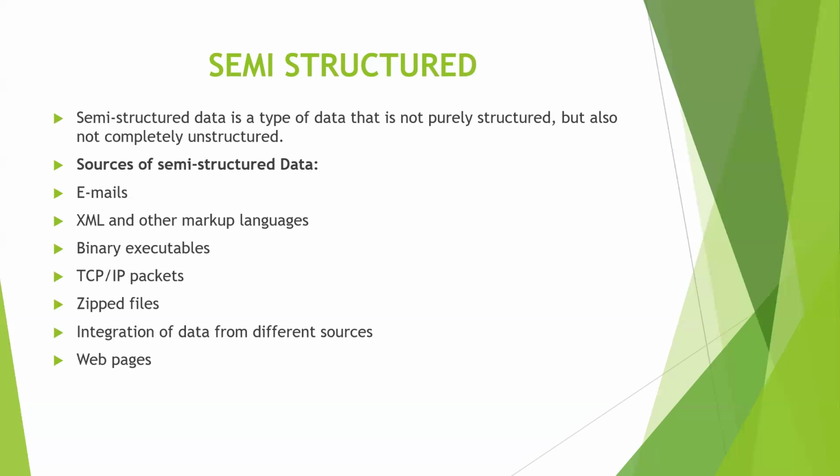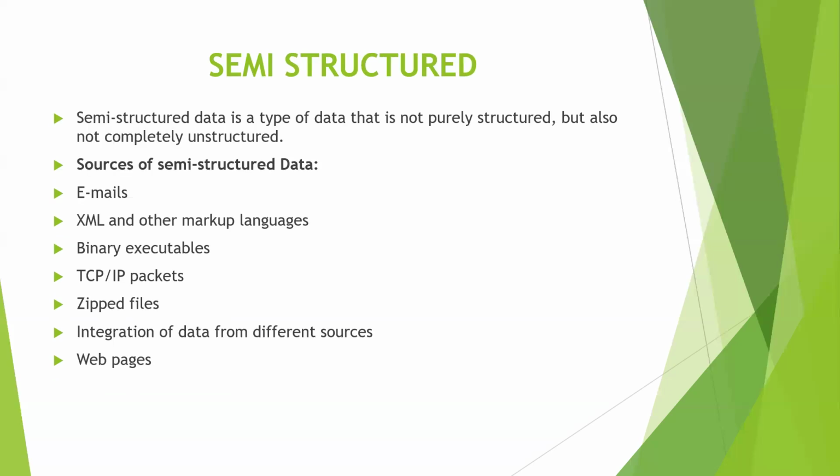These are the sources I have listed here: email, XML format, binary executables, TCP/IP packets, zip files, web pages, and integration of data from different sources. These are semi-structured types, which means they are not purely structured but have some fixed structure. For example, emails have a fixed structure that may differ according to the mail you are sending.